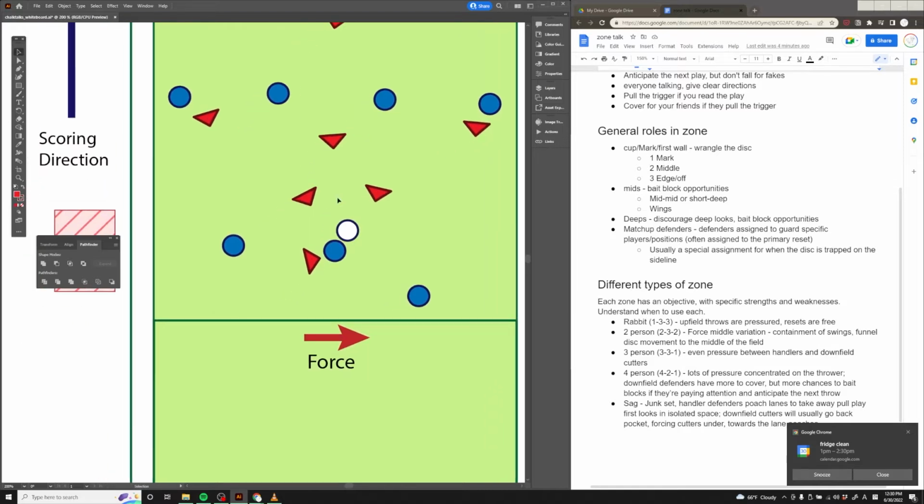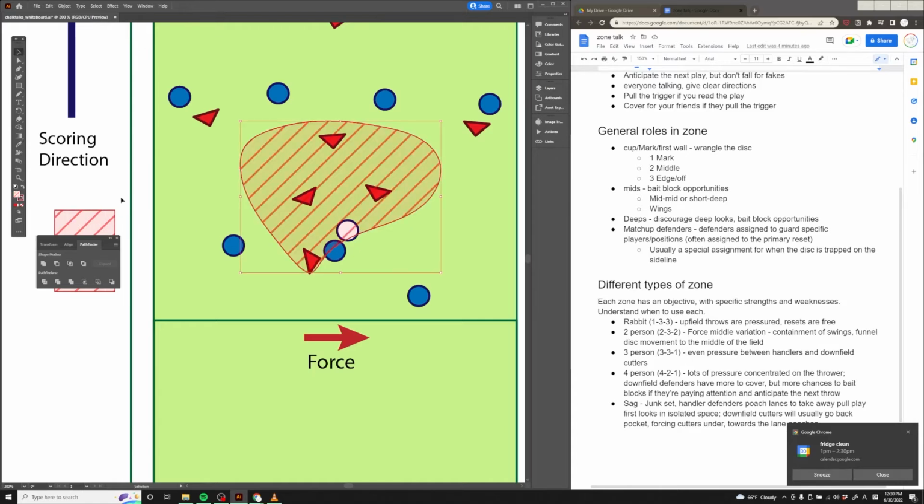So in this case, what the cup's job here is, they want to basically take away all easy short field options in this area. The cup is responsible for this, and the short deep also plays a part in directing the cup.